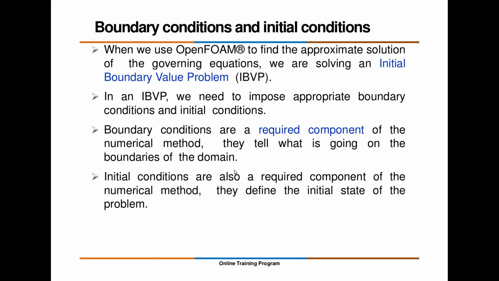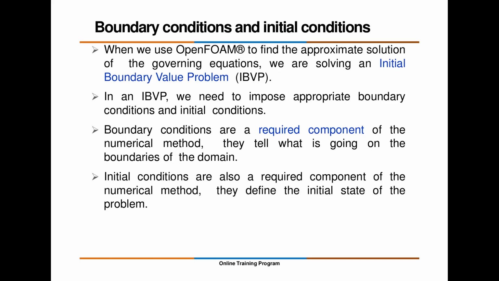Along with that, initial condition is also a required component of the numerical method. They define the initial state of the problem. Normally if we are working towards steady state calculations, at that point these initial conditions play a bigger role. If we specify a very nice initial condition, then maybe the convergence is very fast. But when we are working with a transient simulation, the initial condition does not matter a lot.